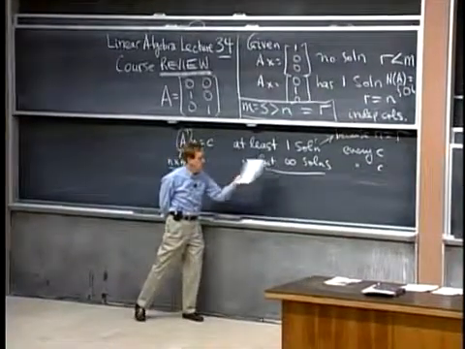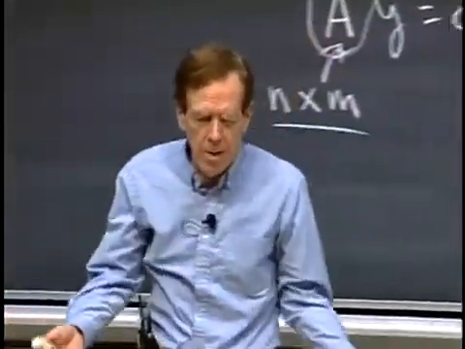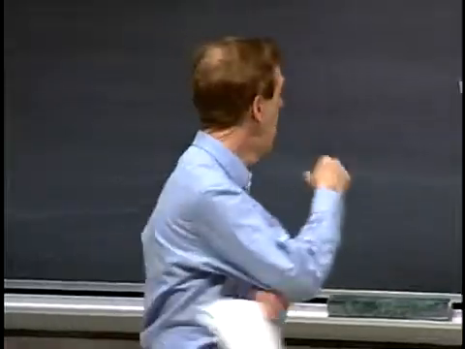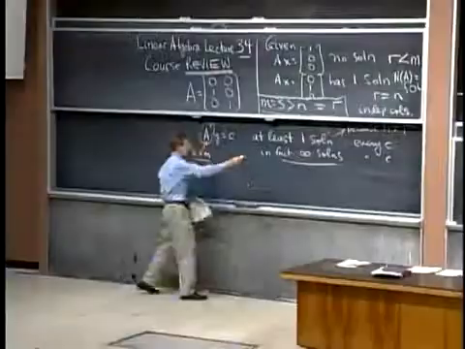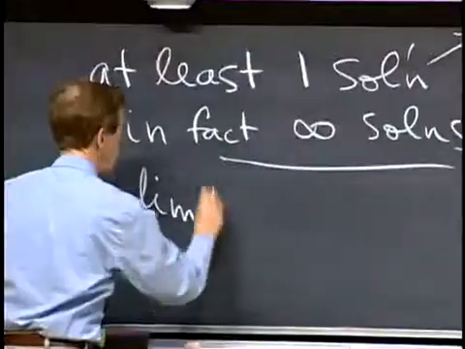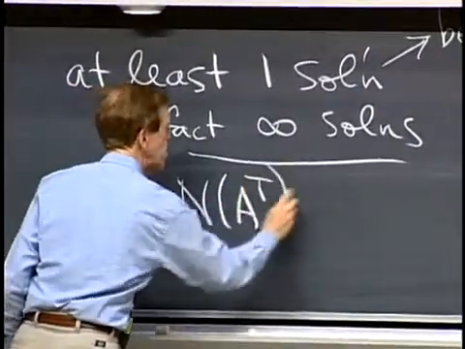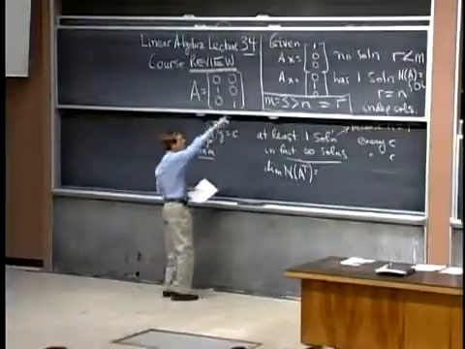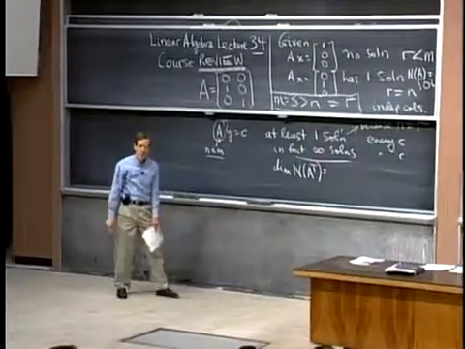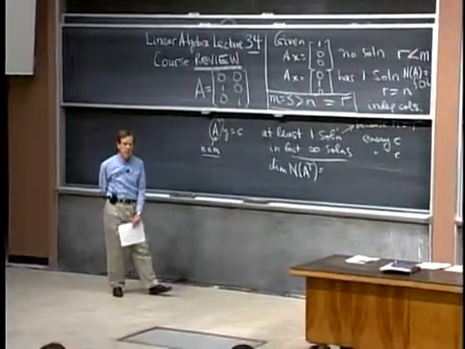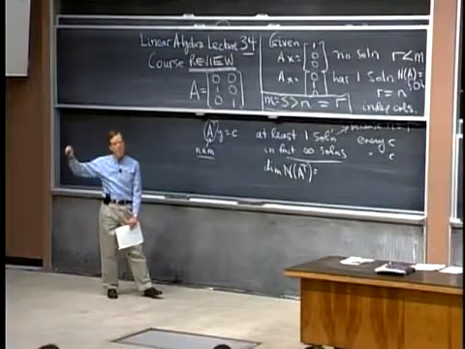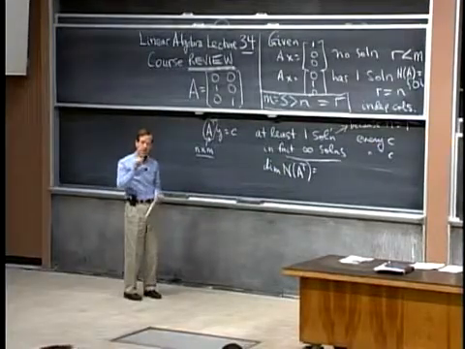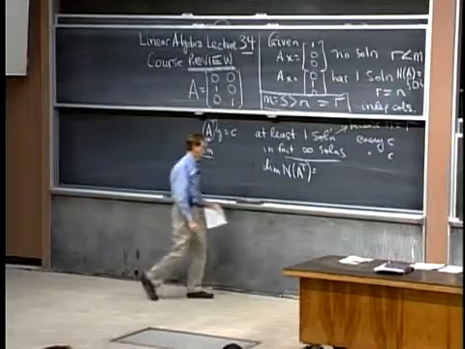But now, how do I even know that there are infinitely many solutions? Well, I want to know something about the null space. What's the dimension of the null space of A transpose? What's the general fact? If A is an m by n matrix of rank r, what's the dimension of the null space of A transpose? Do you remember that little fourth subspace that's tagging along down in our big picture? Its dimension was m minus r.